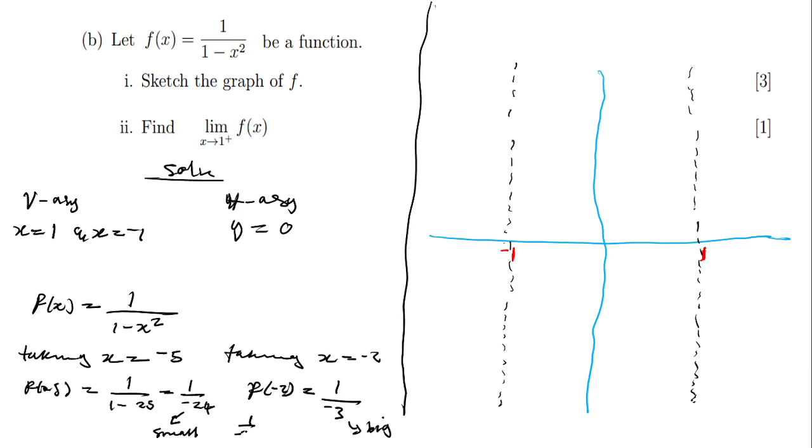It's not going to touch the asymptote. Why is it not going to touch the asymptote? The reason is simple: the x-axis is the horizontal asymptote, since that's where y is 0.